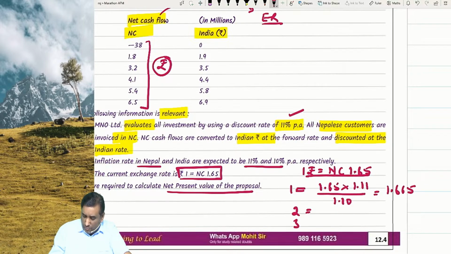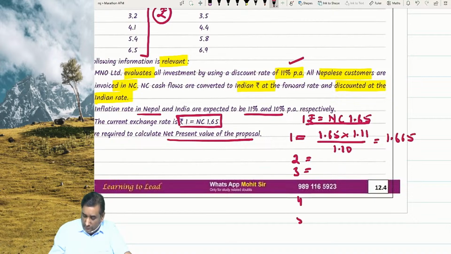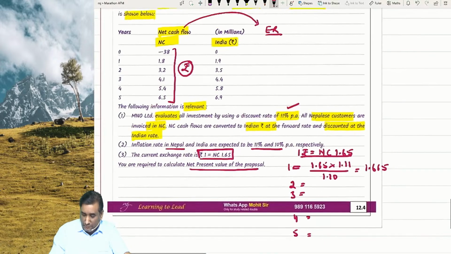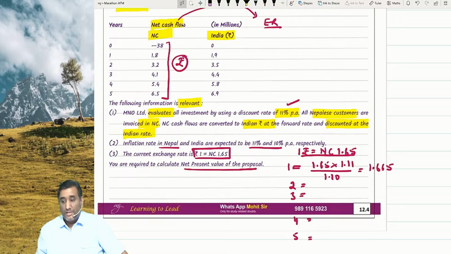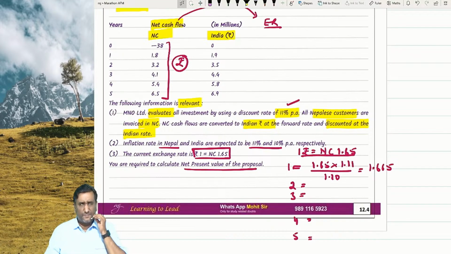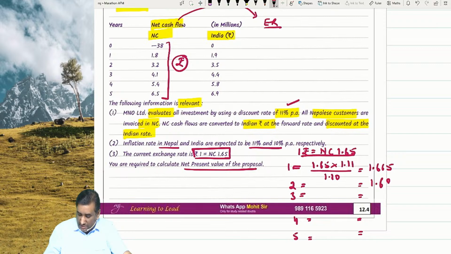Similarly, simply calculate second, third, fourth and fifth. How much do we get? 1.68. Next one 1.695.